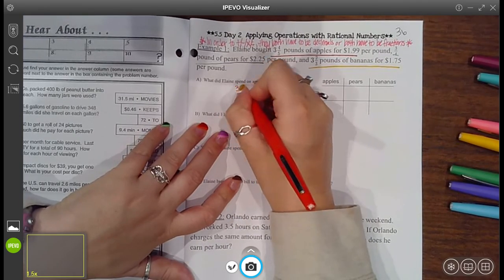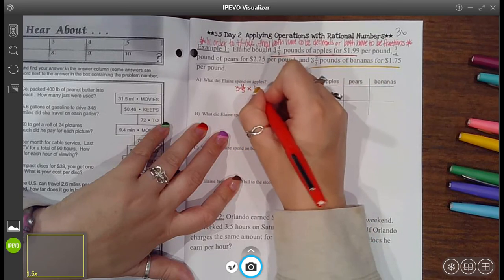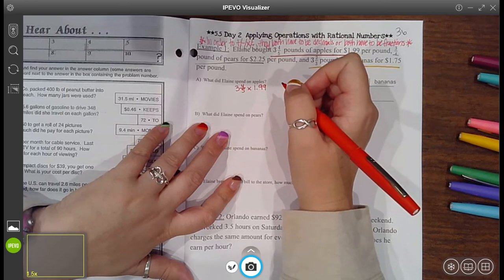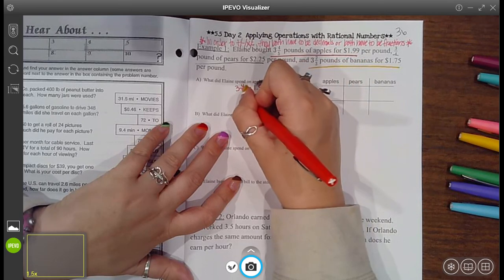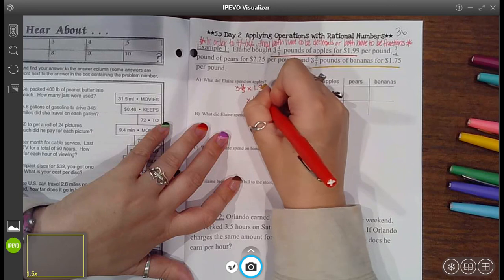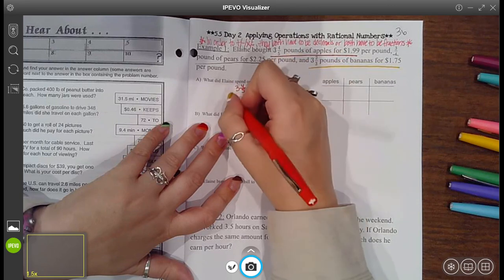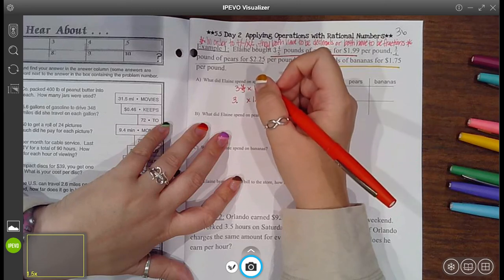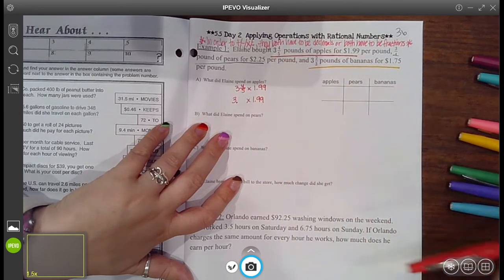She bought 3 4/5 pounds at $1.99 per pound. Let's go ahead and change these to both be decimals. That's already a decimal. 3 4/5 is 3 point something. I want to find out what 4/5 is as a decimal.